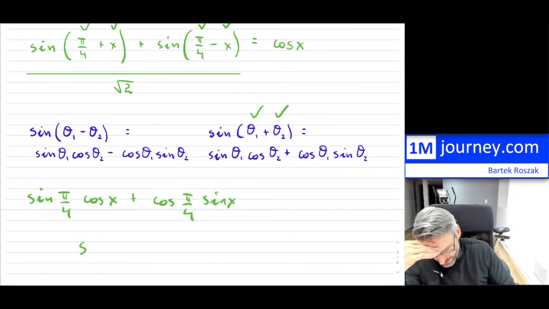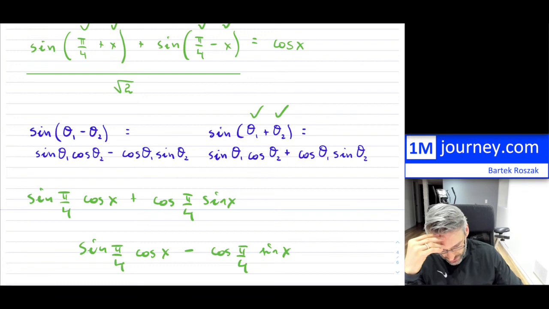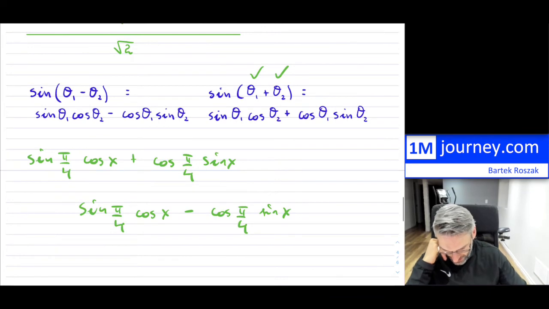That's going to be sine of pi over 4 cos of x minus cos of pi over 4 and sine of x. And now the whole thing is divided by the square root of 2 there. So that square root of 2 probably is going to cancel in some way. So let's see.